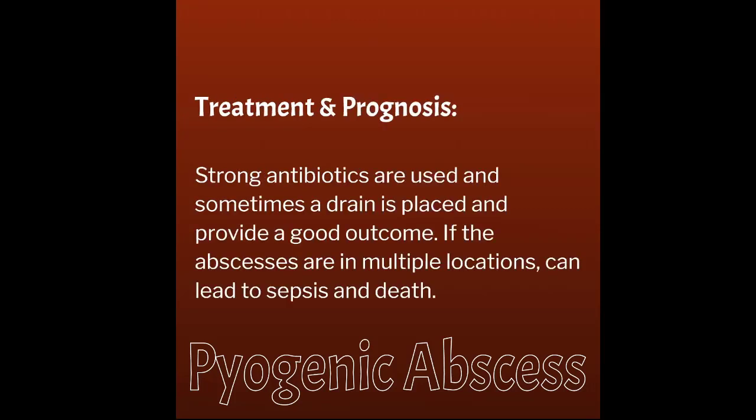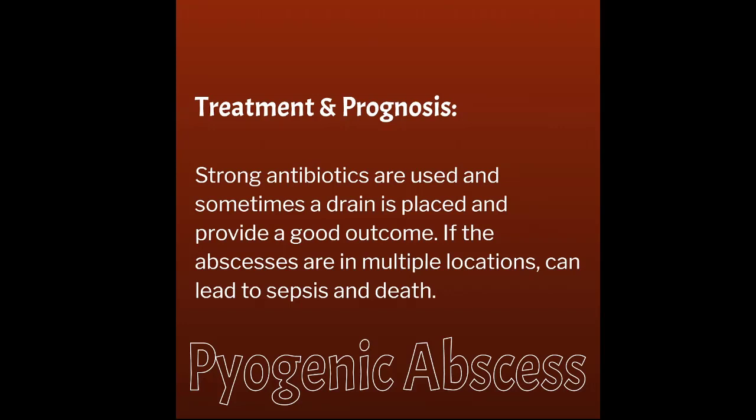As far as treatment and prognosis goes, it really depends on the severity of the infection. If a patient has a pyogenic abscess within the liver, it has a real chance to get into the bloodstream where it can travel around to multiple locations, or it can just cause the blood itself to become so overridden with bacteria that it leads to sepsis. With that in mind, really strong antibiotics are needed for patients with pyogenic abscess, and those are most likely going to be administered via IV within the hospital.